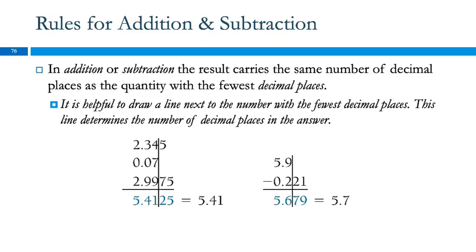Use the calculator to get the answer, but then stack them up and pretend that you didn't. So stacking them up, all the decimal points have to line up. And then you're going to look for which of these numbers ends first. The 0.07 ends after the second decimal place. So I can draw a vertical line here, and that's going to tell me that my answer is going to end after the second decimal place.